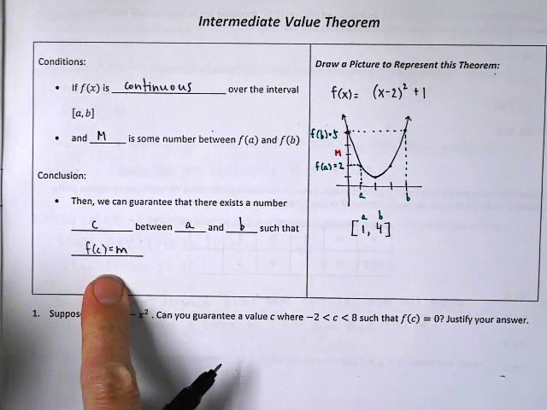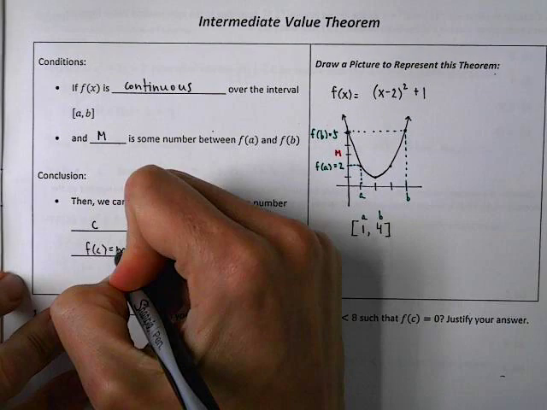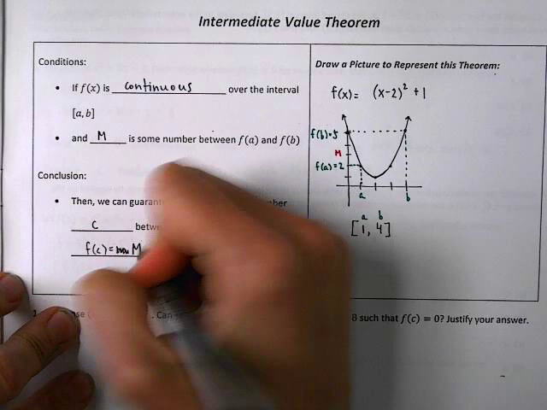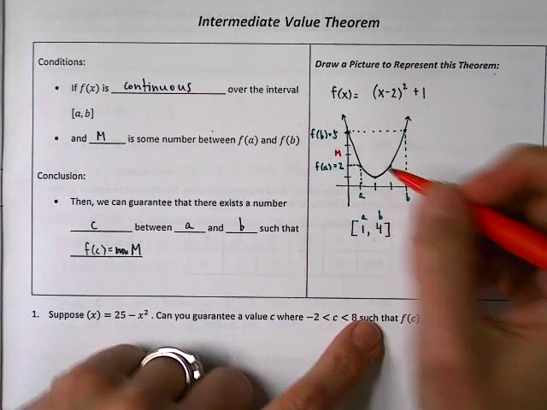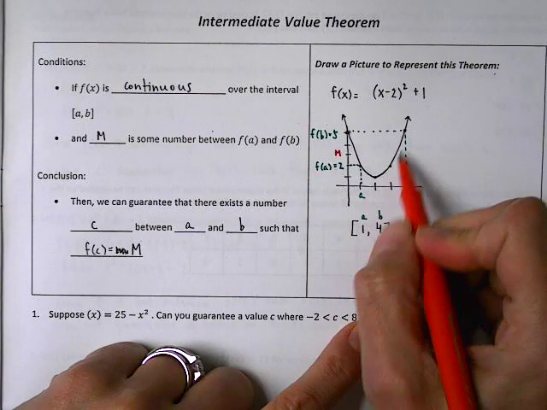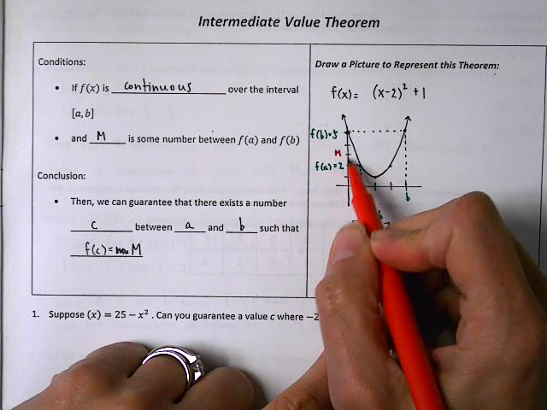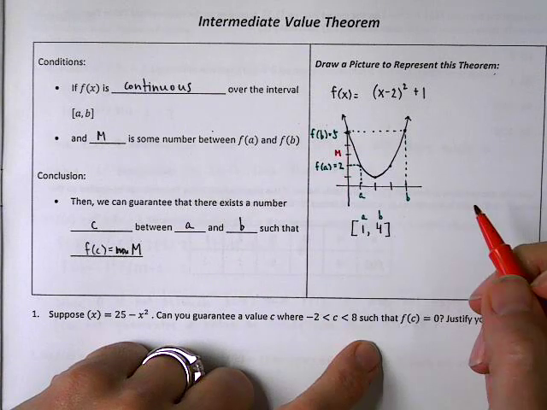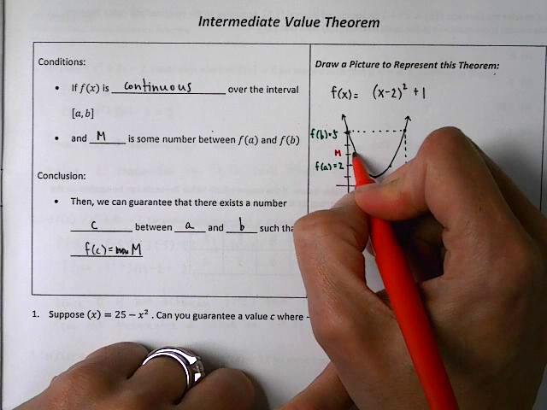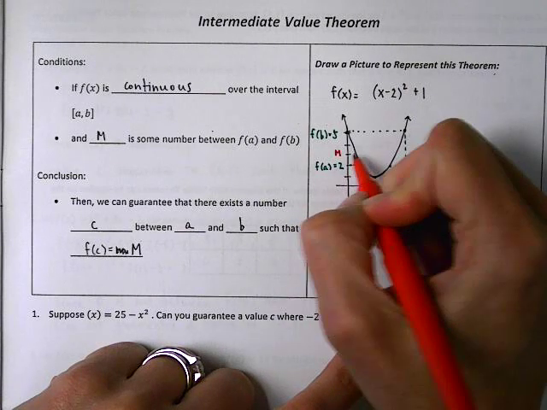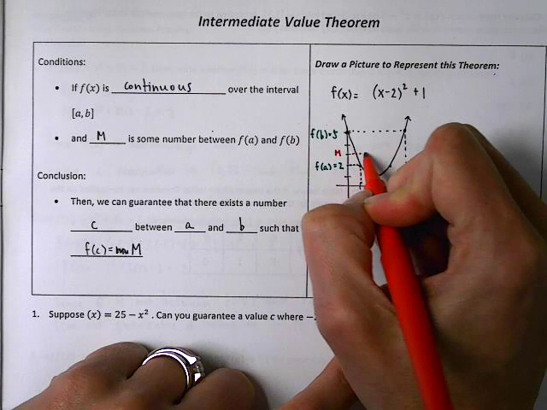And I feel like here is where, let's make that capital so it's the same value, here's where people get a little lost in the language of this thing. All we're saying is that if my function is continuous and this value m is in between the function values at the endpoints, then the function essentially has to take on this value m.